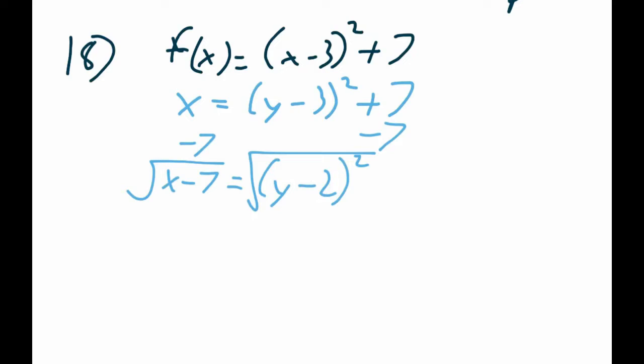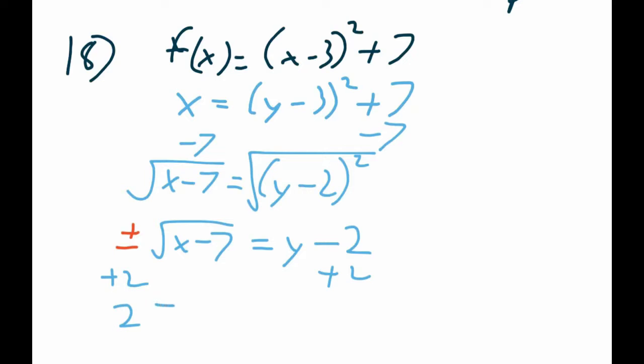Now remember, whenever you square root, you want to make sure you have a plus or minus in front of the square root. So that when I add 2 to both sides, we wind up with 2 plus or minus the square root of x minus 7. And since we're trying to find the inverse, that is the symbol for the inverse.